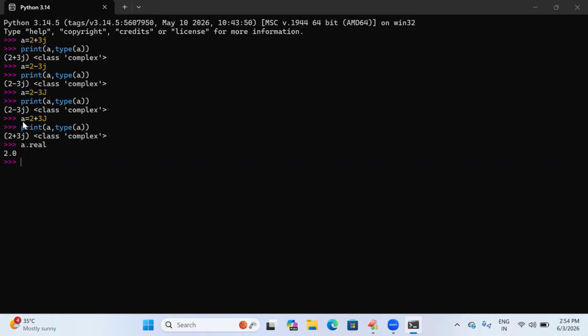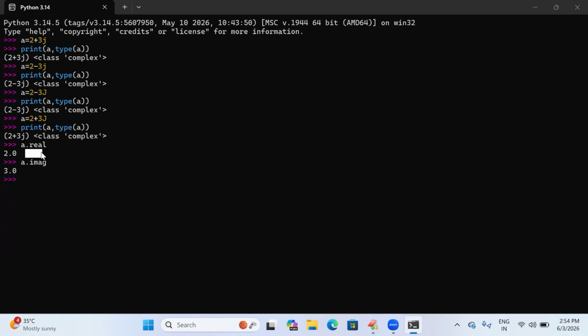So when I ask Python to print the real part, it prints 2.0. Now I'm trying to print the imaginary part by using the imag attribute. See, here we declared 3, but internally the complex data type stores values as floats, so it prints 3.0.